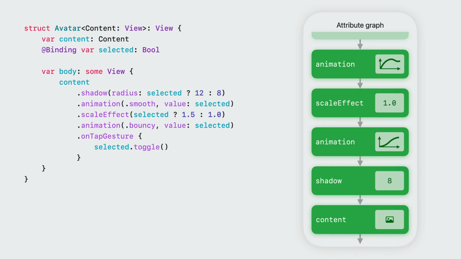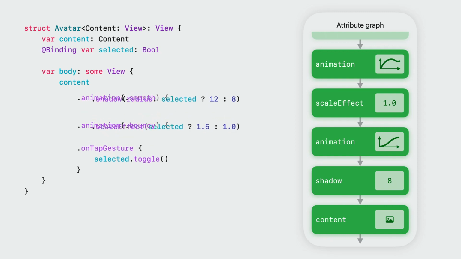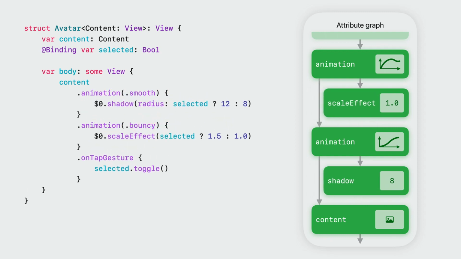Whoops. Good news. We have a new version of the animation view modifier specifically designed for use cases like this. It narrowly scopes the animation to the animatable attribute specified in its body closure. Here's how it works. Imagine there's no animation in the transaction.